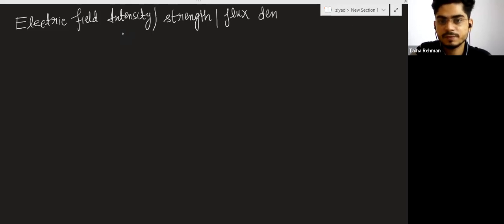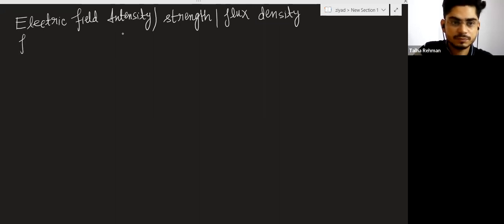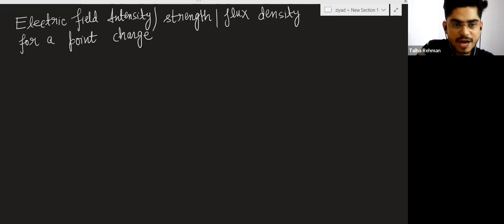This has three names. Now for a point charge. So now you have a point charge. You have a charge Q. This is a point charge, and you want to calculate the electric field here at this point P.